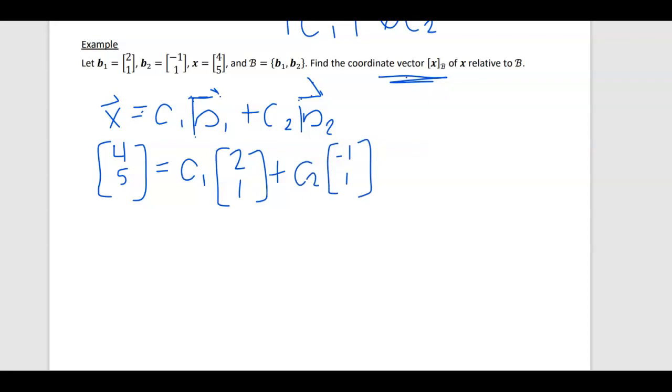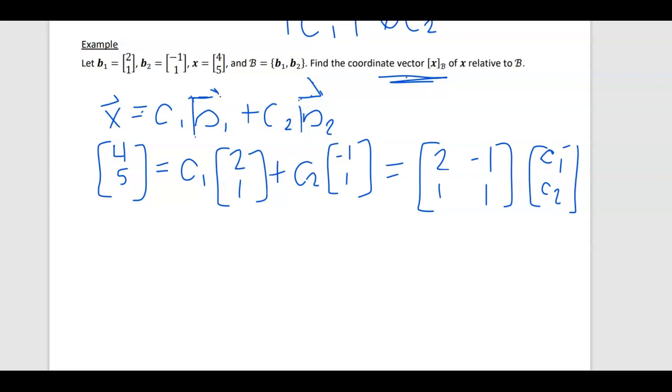Now, if you remember back to when we did matrix multiplication before, that means that this is the matrix 2, negative 1, 1, 1 times the column vector C1, C2.